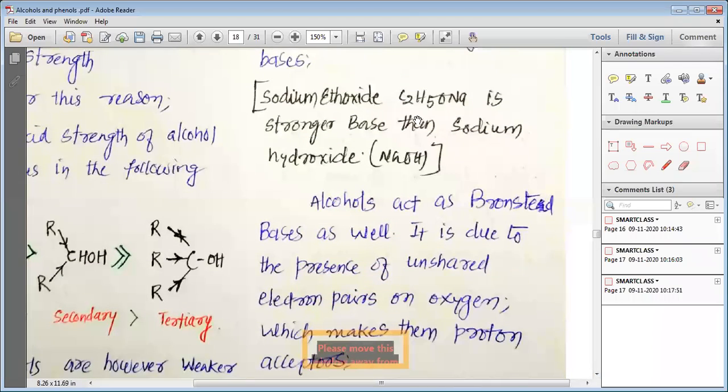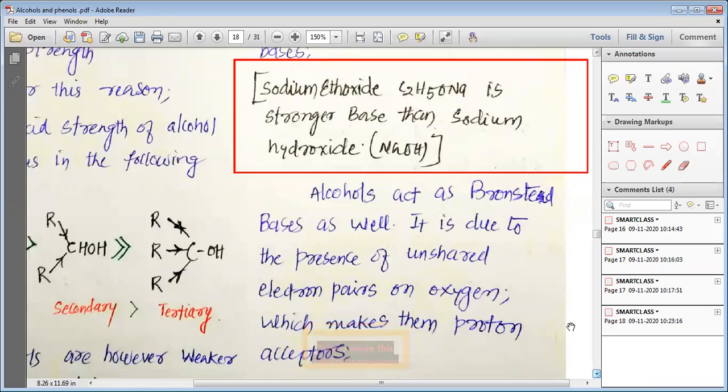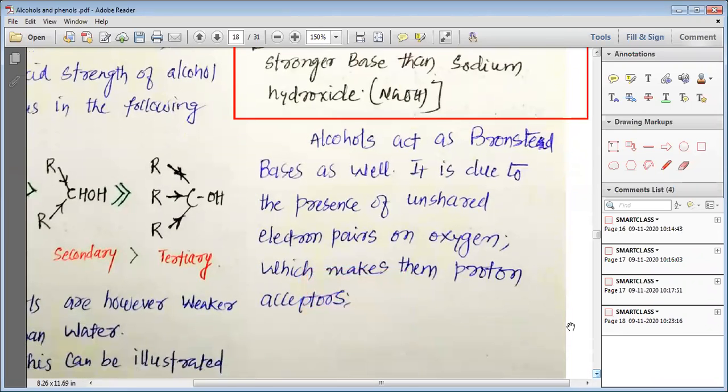So sodium ethoxide C2H5ONa is a stronger base than sodium hydroxide. Please remember, sodium ethoxide C2H5ONa is a stronger base than sodium hydroxide. This is a very important statement, and please remember this. Sodium hydroxide is considered to be a very strong base, but remember that sodium ethoxide is even stronger than sodium hydroxide.